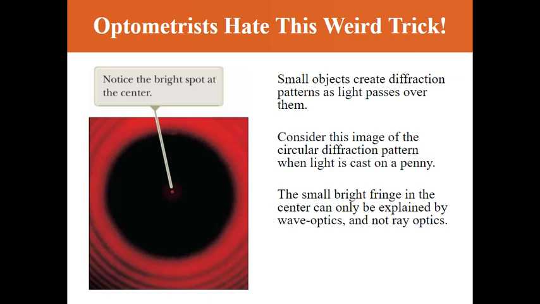He said that no, you're not going to see this bright spot because light's a particle. But Arago did the experiment, and they did actually observe a bright spot at the center of the shadow. So this bright spot, much like the pattern seen by Thomas Young, can only be explained by interference of waves, and ray optics could not explain it, giving more validity to the wave theory of light.